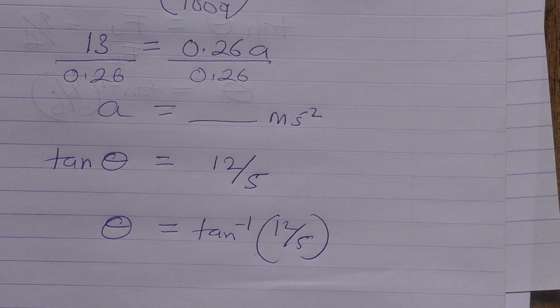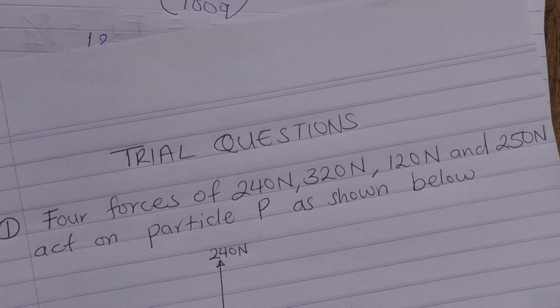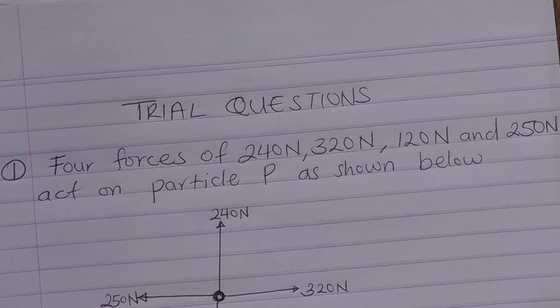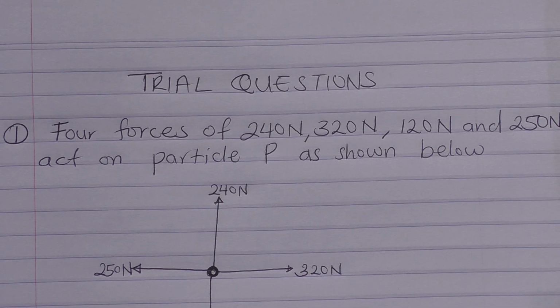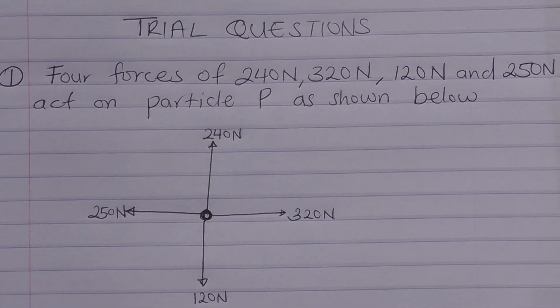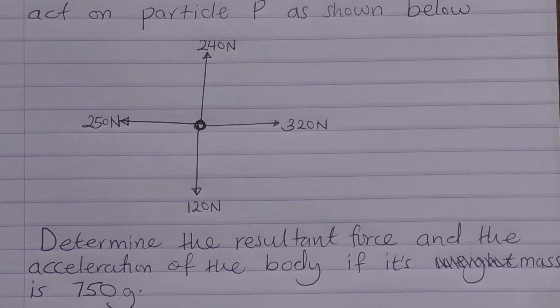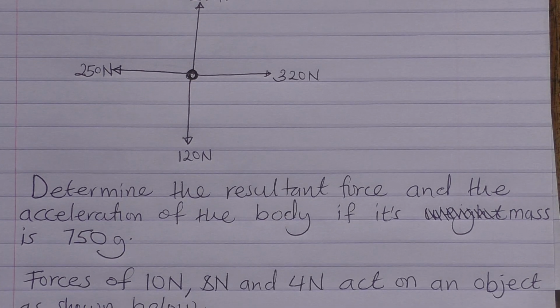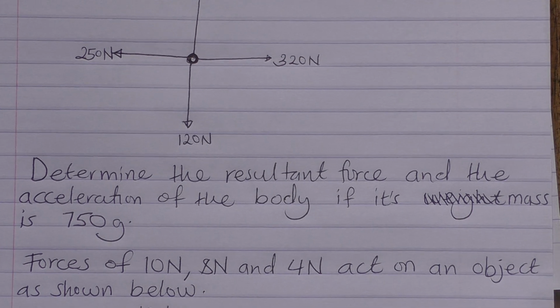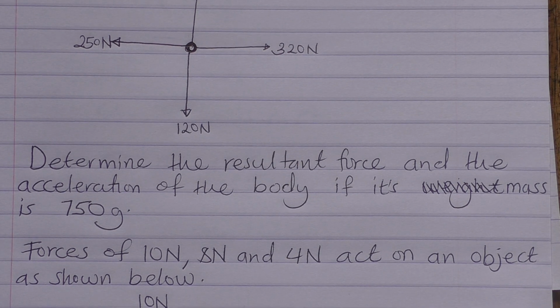But before we leave, it is very important that you also get some numbers for your own practice. So with me are 2 numbers which I want you to also try out. That is our first number. It is asking for resultant force and acceleration of the body if the mass is 750 grams.